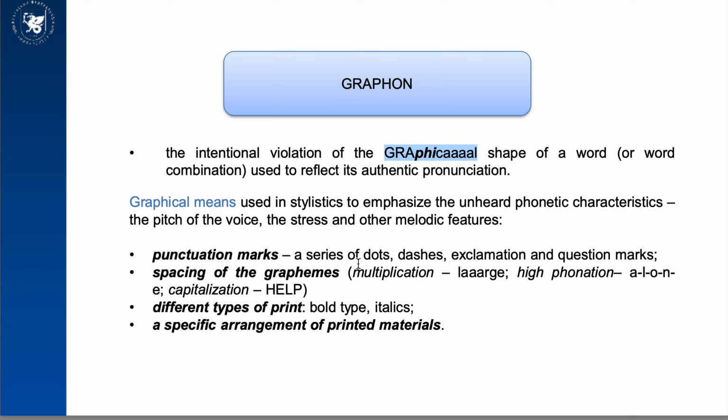Punctuation marks: a series of dots, dashes, exclamation and question marks, spacing of the graphemes. Multiplication, hyphenation, capitalization, like when a person is crying. Different types of print, bold type or italics, the most popular things to hook your attention in writing. A specific arrangement of printed materials is more about postmodern literature.